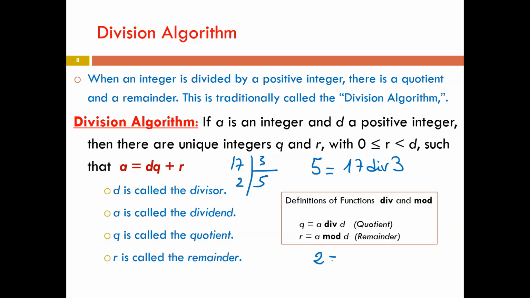And 2 is 17 mod 3. So 17 mod 3 is 2, because 2 is the remainder of the division of 17 by 3. The mod function gives me the remainder, and the div function gives me the quotient.